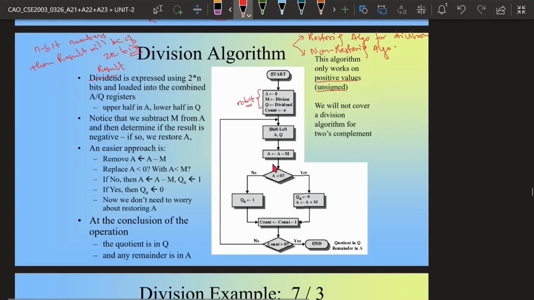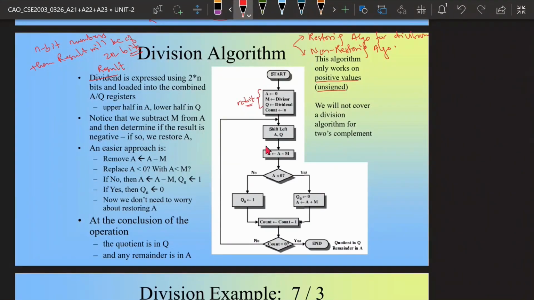So once we have initialized, we should proceed with the algorithm. Before that, here, once we shift, we are subtracting: accumulator minus the M value. So we are subtracting the divisor from the accumulator value.